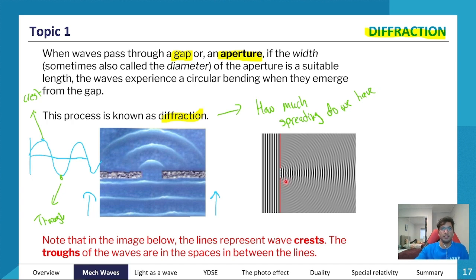And what you can see is that the wavelength, so we have this wavelength here, is the same even after being diffracted. And the same thing here. Whatever this wavelength is, that wavelength gets continued after it's been diffracted.